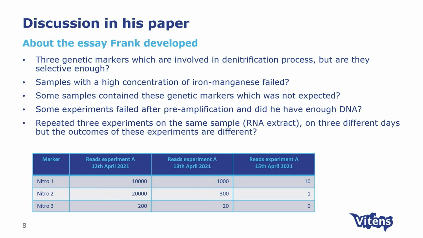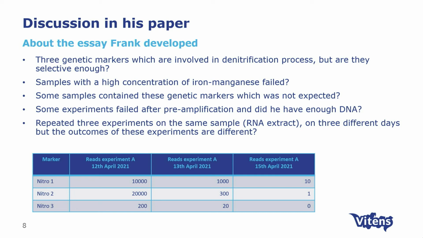What happens when other metals are involved, for example iron or manganese, will it affect the whole process? He also got some genetic markers which he did not expect, and his results were not really reliable, but there was enough to build on, to do more research.